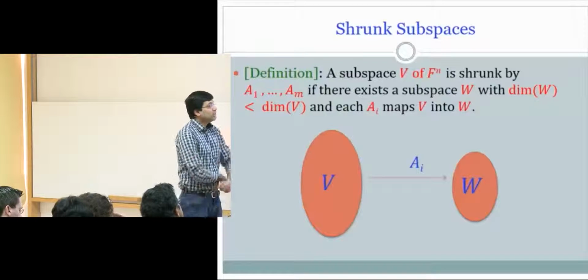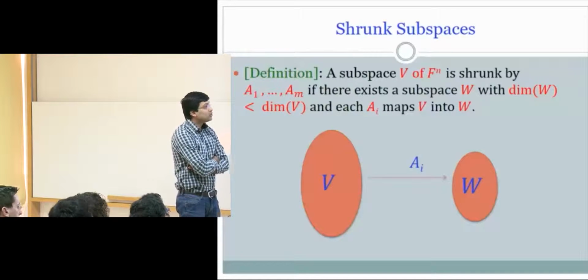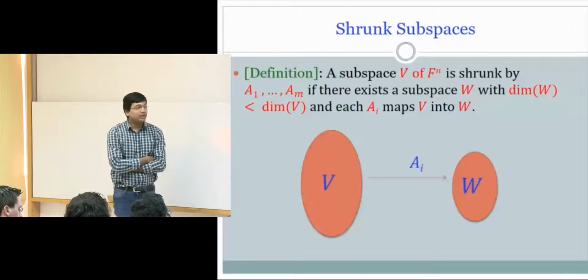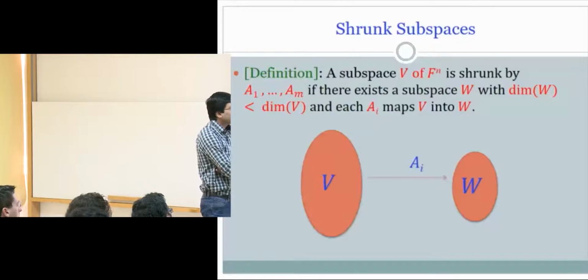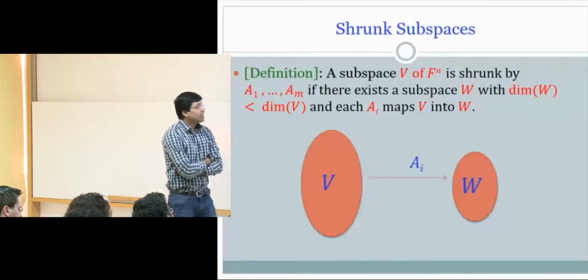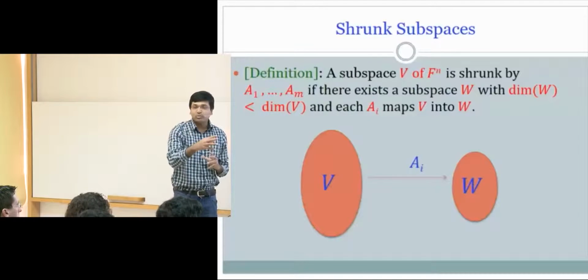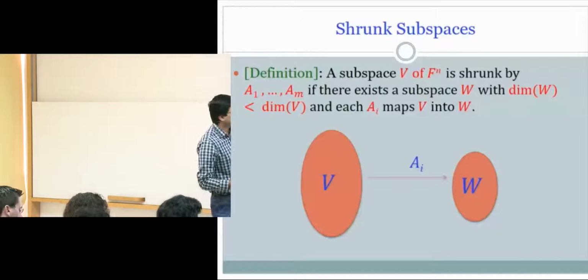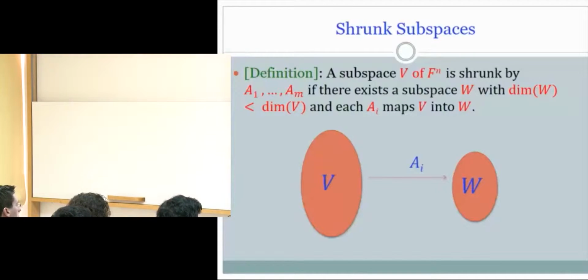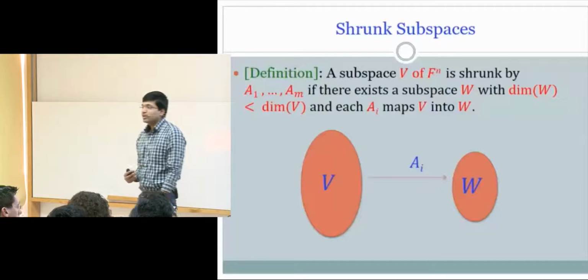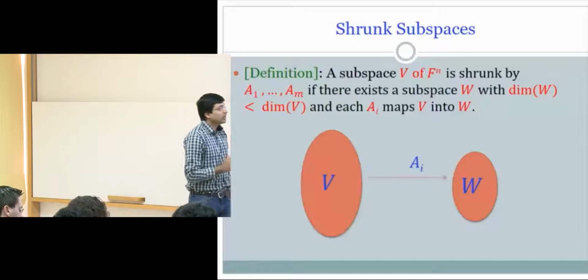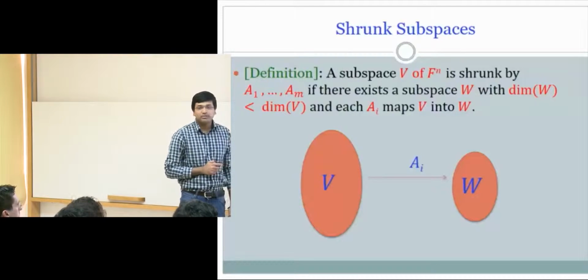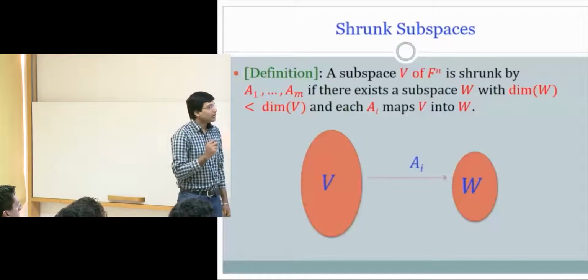Let's say a subspace V of F to the n is shrunk by matrices A1 to Am if there exists a subspace W whose dimension is smaller than the dimension of V, and each Ai maps V into W. So this subspace V is shrunk into a smaller subspace simultaneously by all of A1 to Am. Is the definition clear?